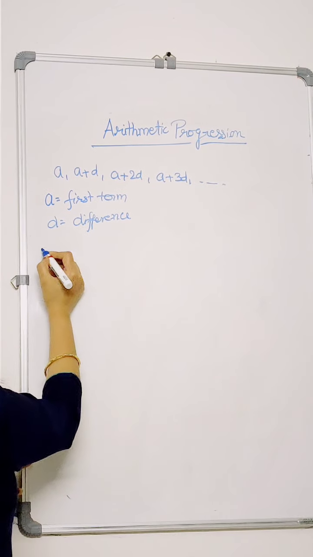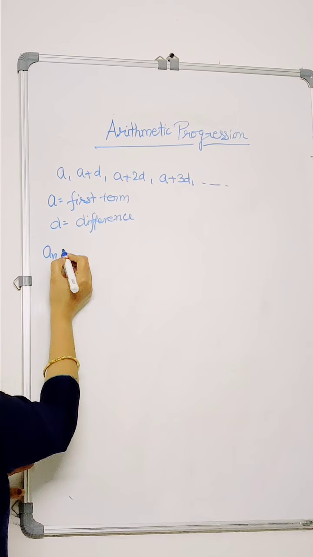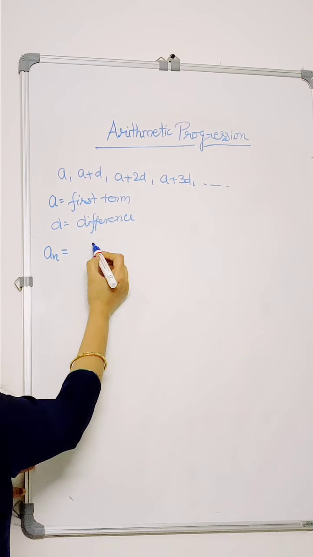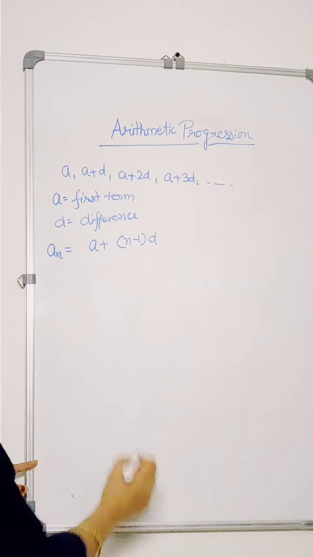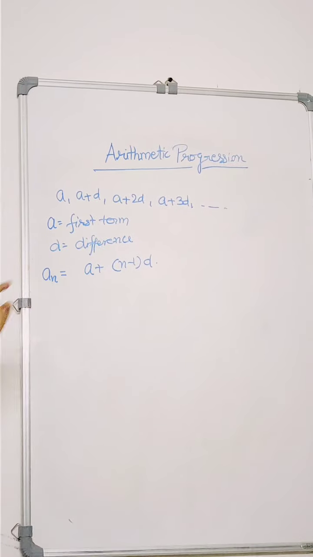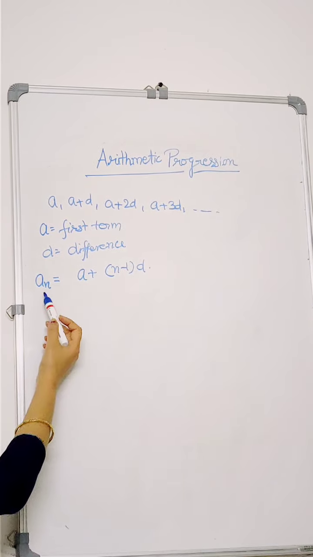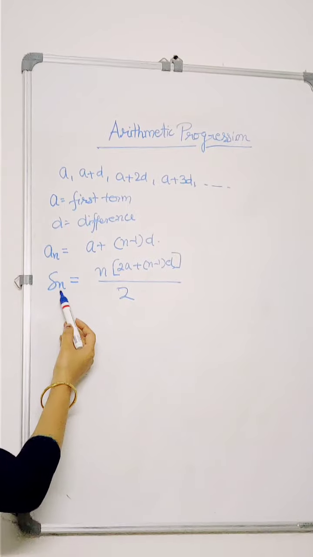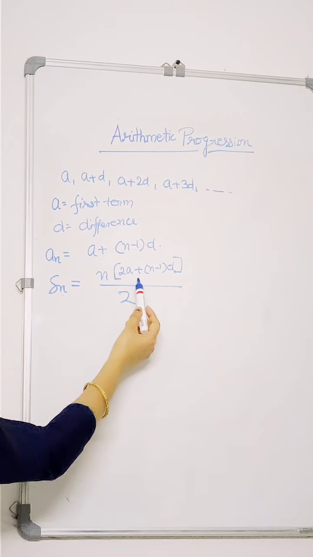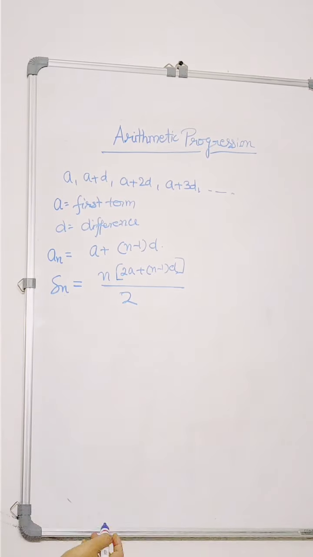Then if we have to find its nth term an, the formula is an is equal to a plus n minus 1 into d. And to find the sum of n terms, the formula is n into 2a plus n minus 1 into d upon 2.